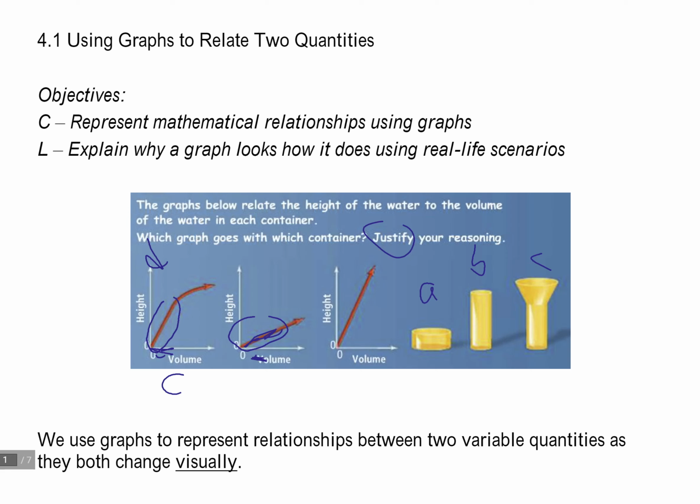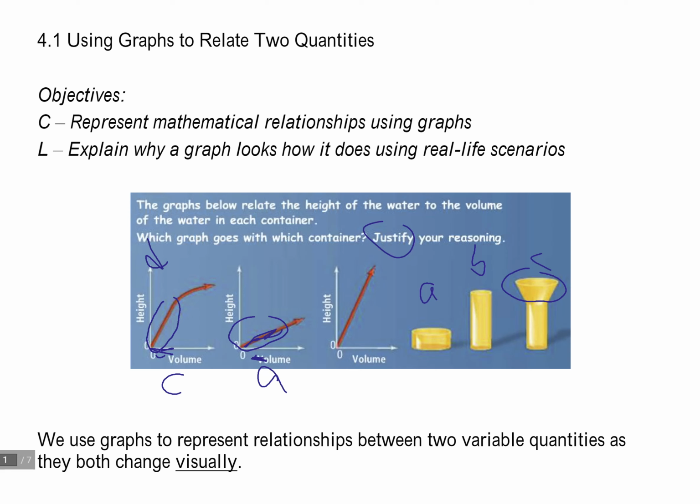In fact, we can probably say that this must be container A at this point, because of how slowly it's filling, because it's so wide. All right, now, if that's the case, then which one, the far left graph or the far right graph, is container B, and which one is container C? Well, container C has this widening part right here.